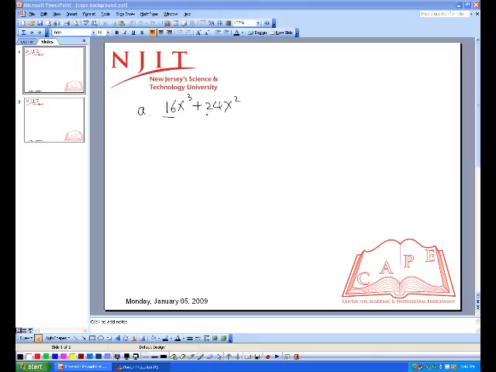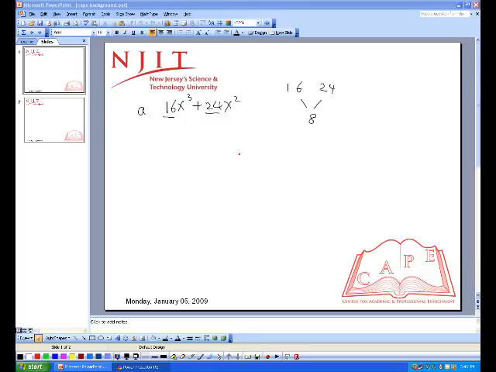let's look at the coefficients of the two terms. One thing we can factor out from the coefficients is the greatest common factor. Hopefully you still remember the greatest common factor of 16 and 24. Their greatest common factor is 8.